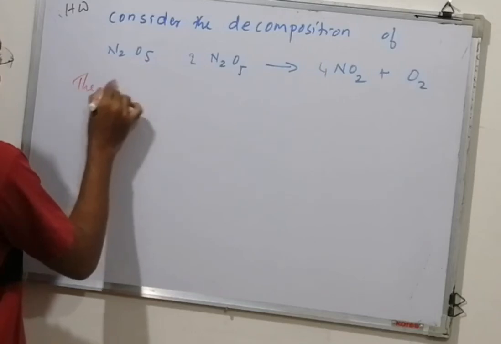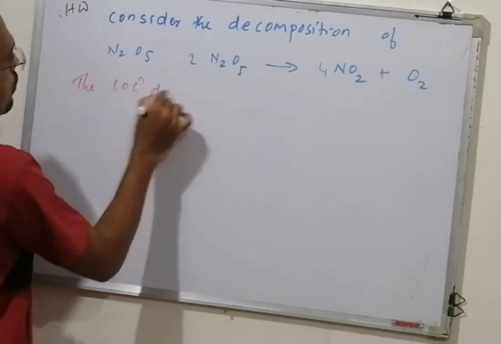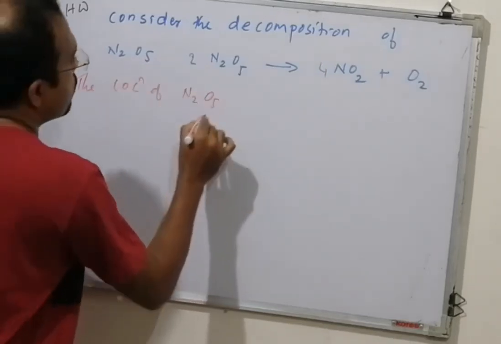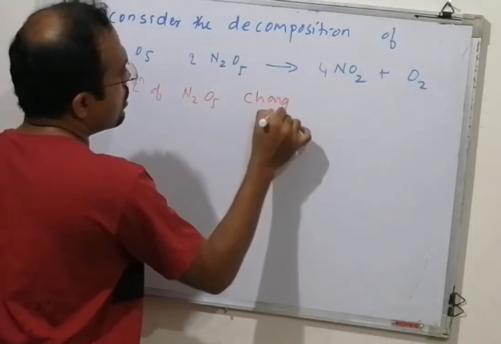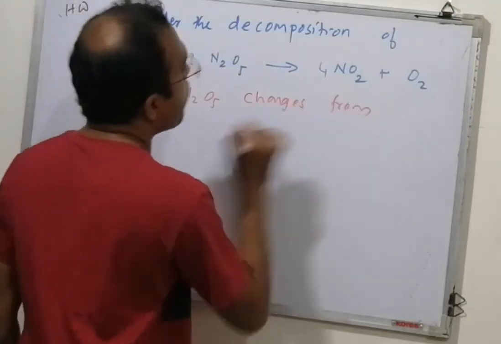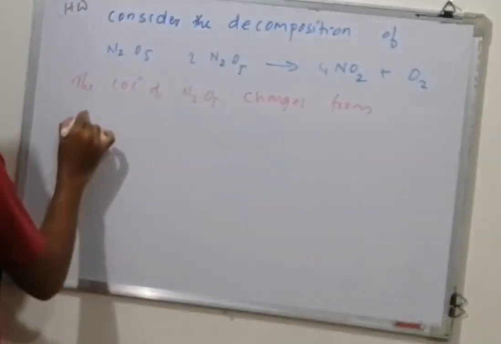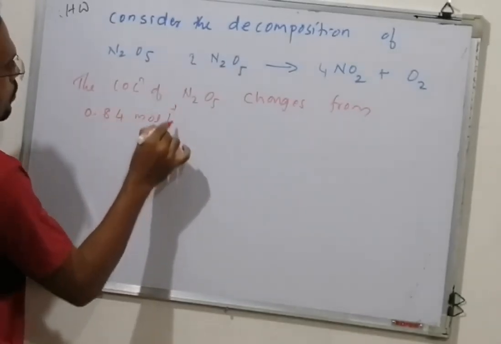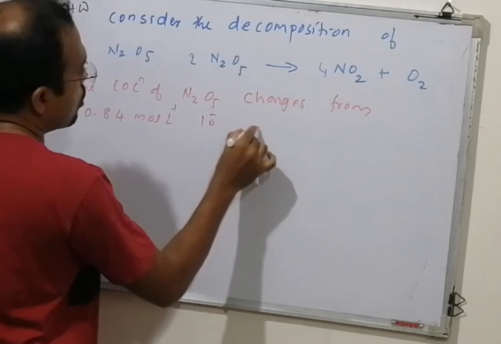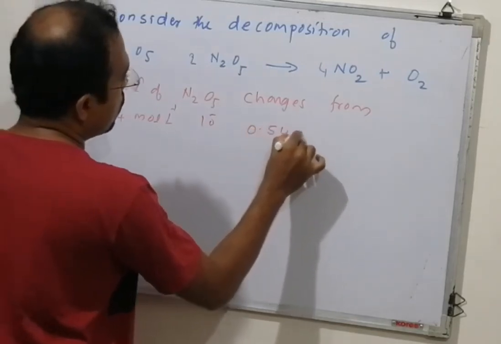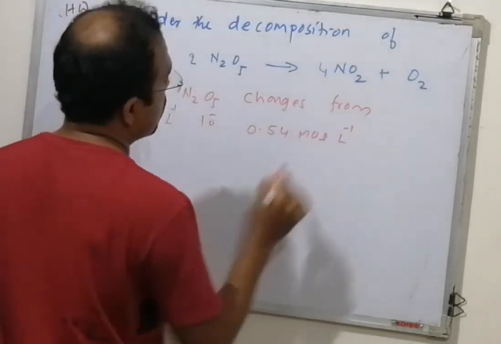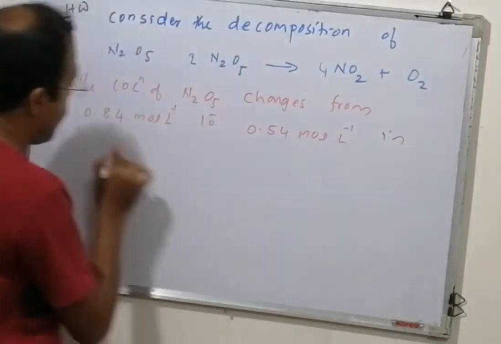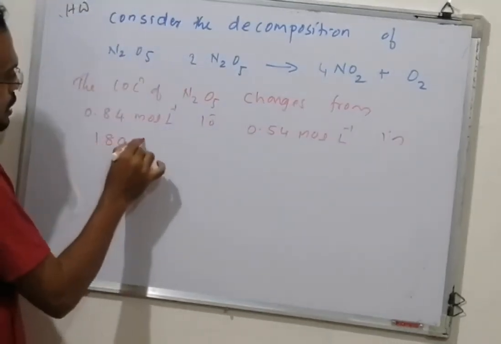The concentration of N2O5 changes from 0.84 mole liter raised to minus 1 to 0.54 mole liter raised to minus 1 in 180 seconds.